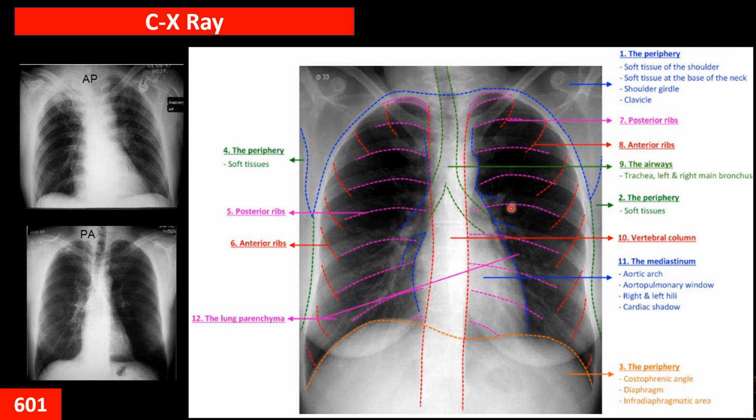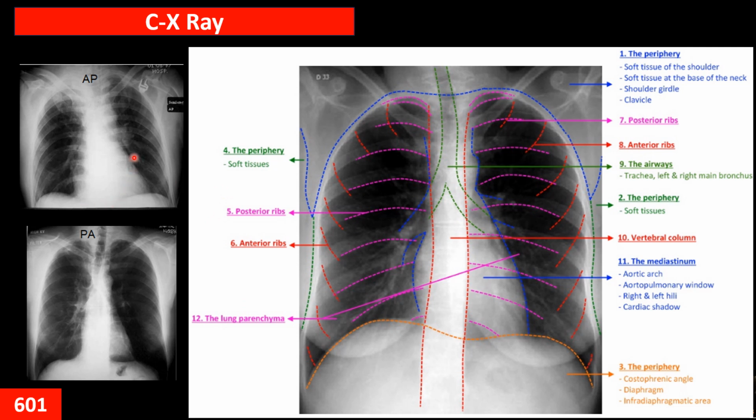Here I just mention that the posterior part of the ribs curves and moves toward lateral or outside, and the anterior part, those red lines as you can see here, is the anterior part of the ribs and moves toward the midline the same way.